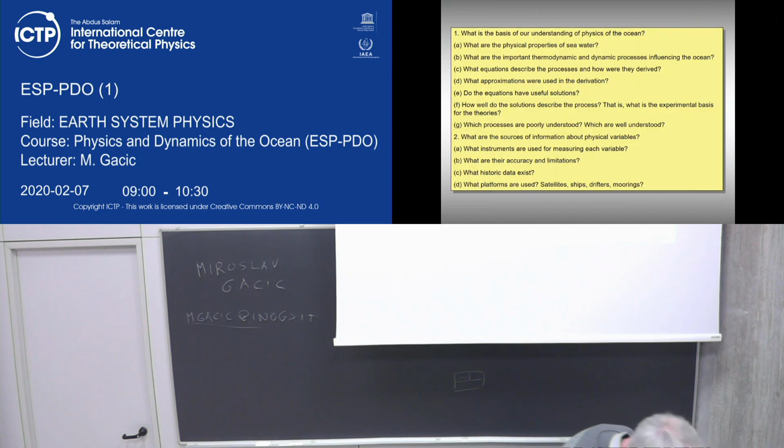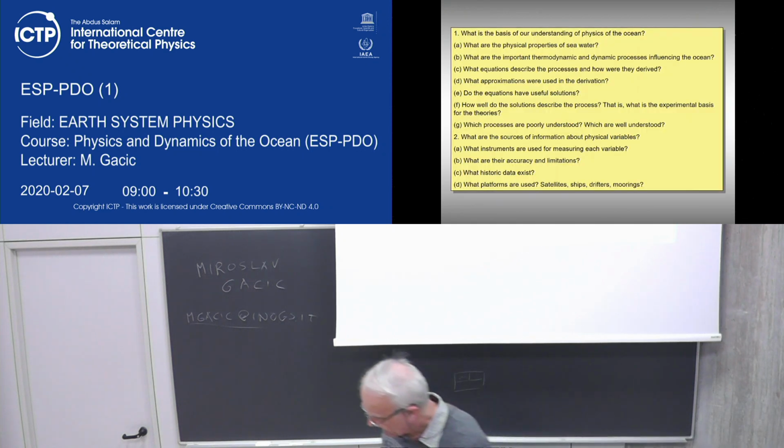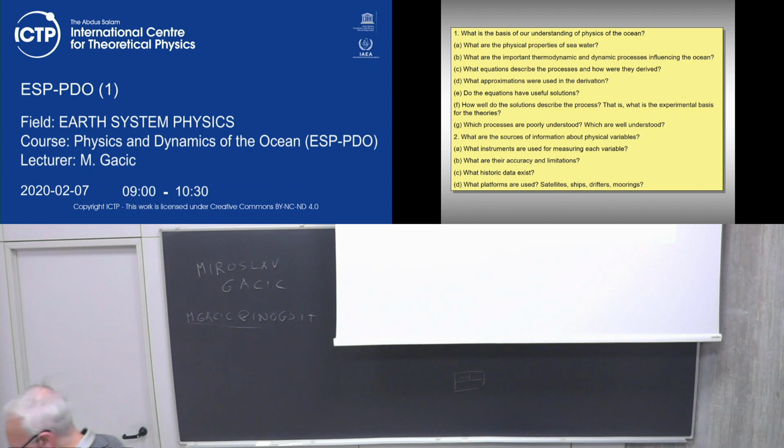And now we can start with the introductory part. In the introductory part I will try to introduce to you the general characteristics of the ocean, and the basis of our understanding of the physics of the ocean.